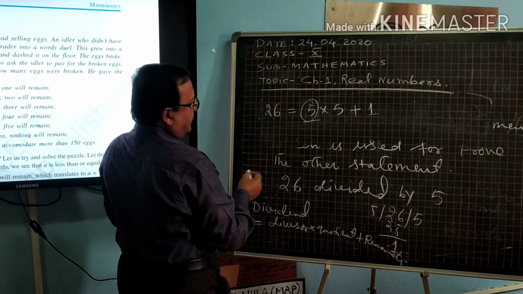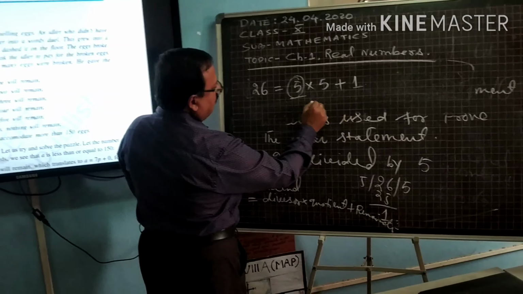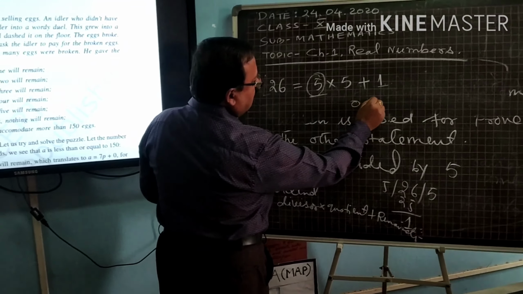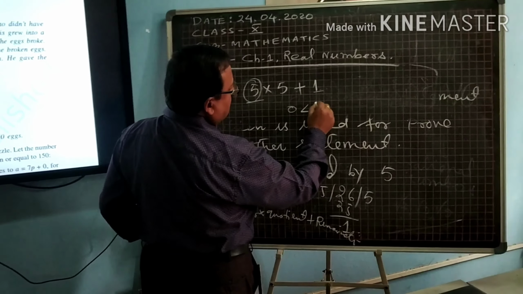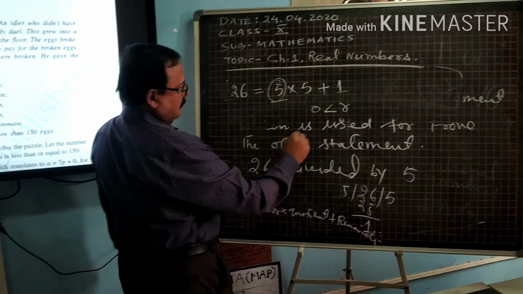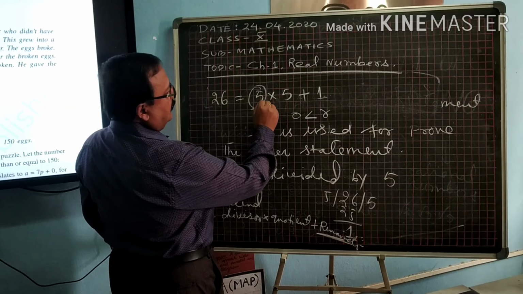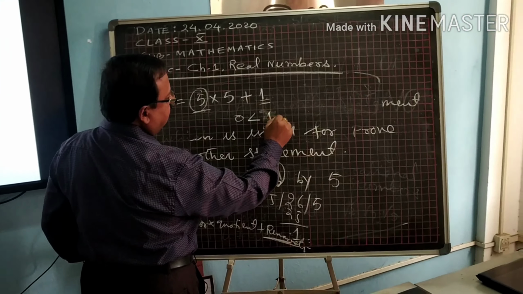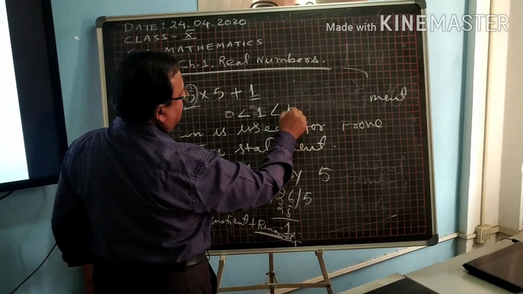We observe that this remainder, 0 less than R, where R means remainder, is 1. Remainder 1 is less than 5.